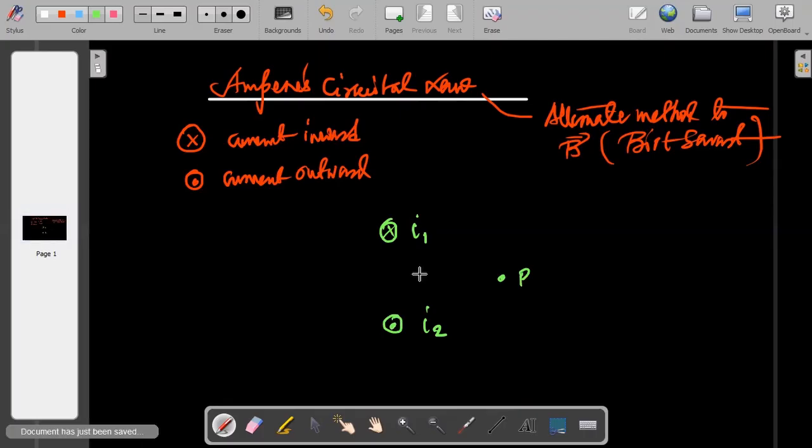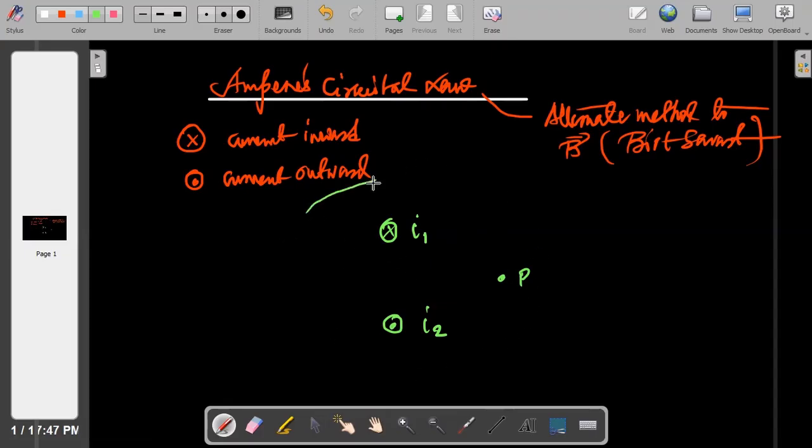But for Ampere circuit law, if this is the case, what you have to do is draw a loop which cuts this point P, right? It has to be cutting the point P. It will not cover the point P like that. The point P cannot be outside, and point P cannot be inside.